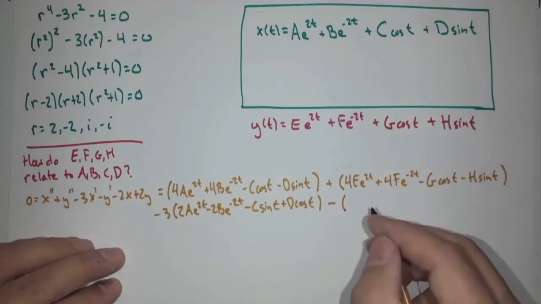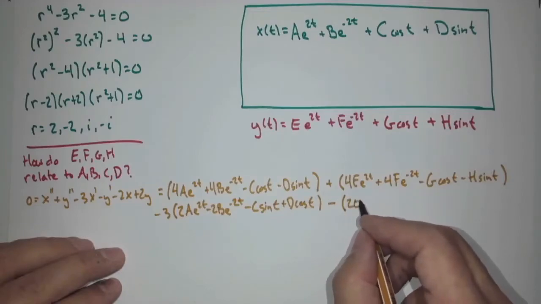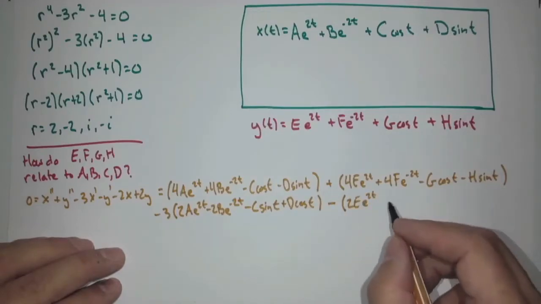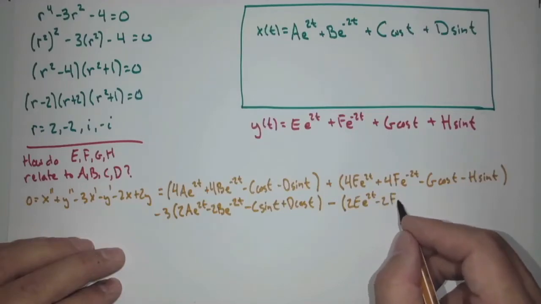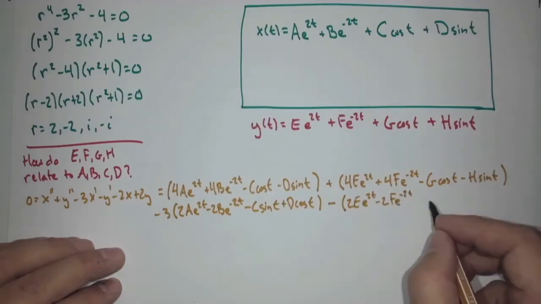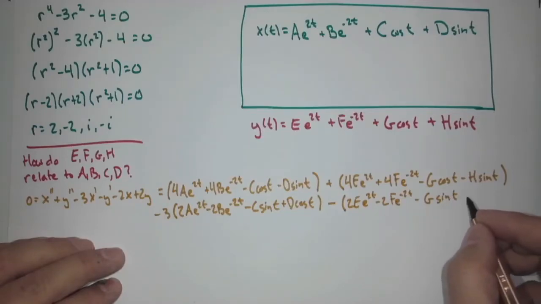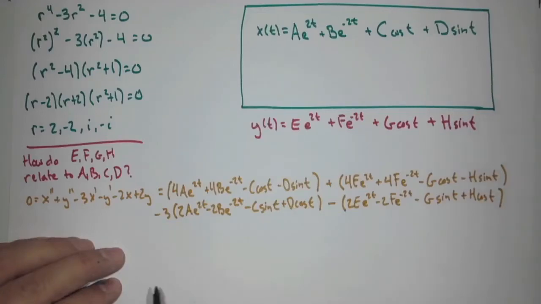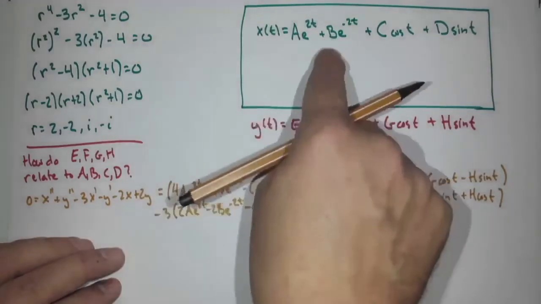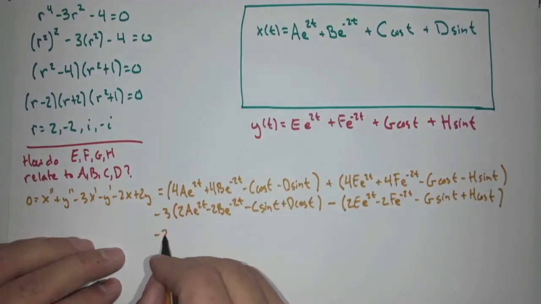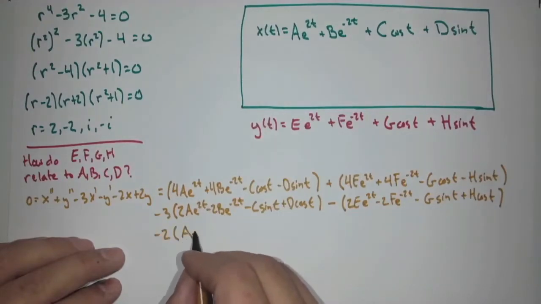We just change the symbols. So that would be 2e e to the 2t minus 2 capital F e to the minus 2t, minus g sine of t, and plus h cosine t. And then the x and y's, well, there's not much thought process. It's just copying.